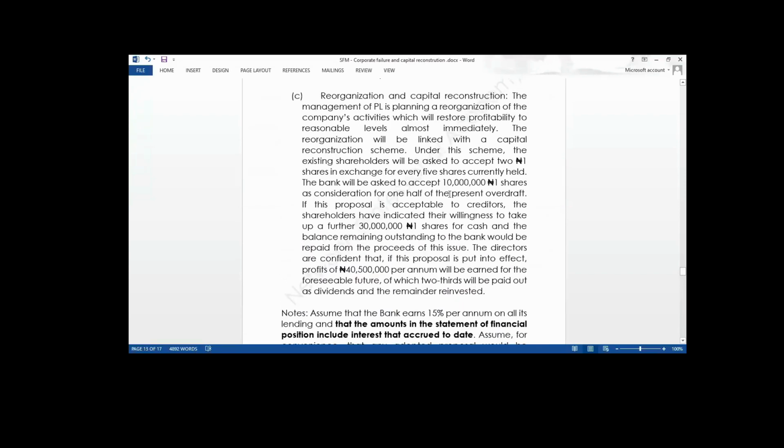The bank will be asked to accept 10 million naira shares as consideration for 1/2. So compute 1/2, convert it to ordinary shares. The remaining 1/2 represents overdraft. That means the remaining overdraft balance is 22.5 million naira, based on this proposal.